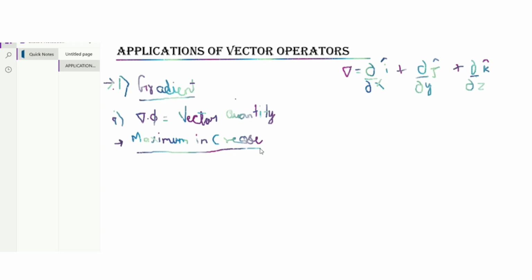So let's take an example to understand this in a good way. The example is very simple: let's take temperature, which is a very commonly used example to explain the gradient, as it fits very clearly. Temperature may vary from point to point in a room.